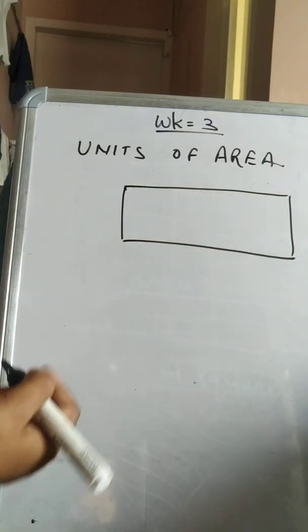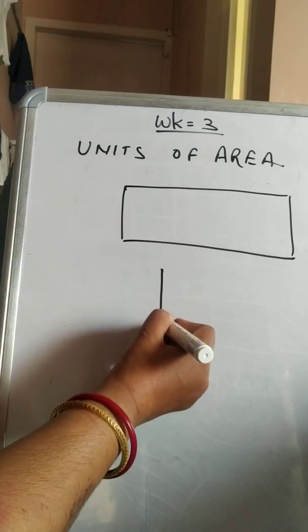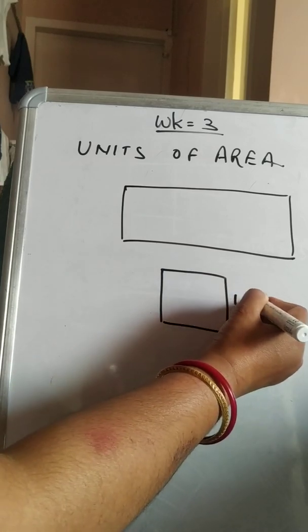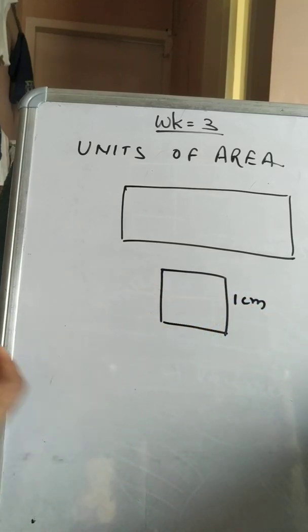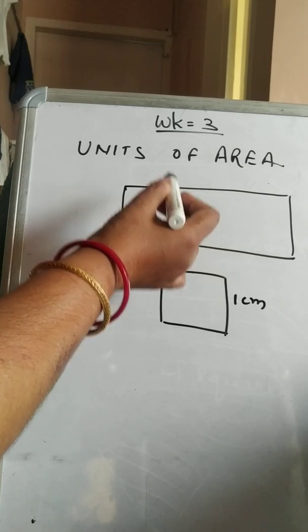Let us use squares each having a side of 1 centimeter. How many squares do we need in order to measure this area?